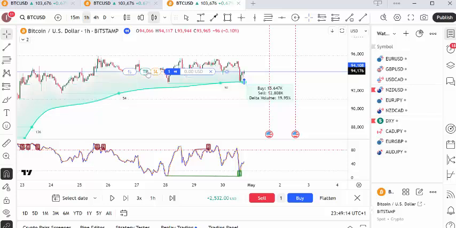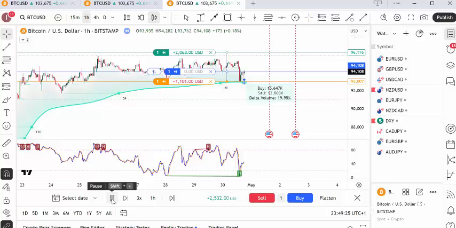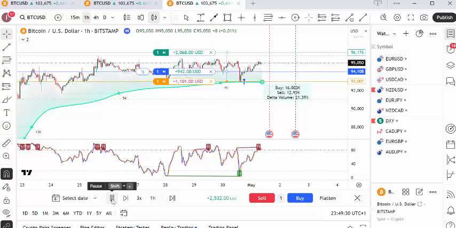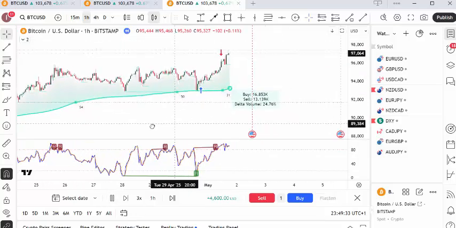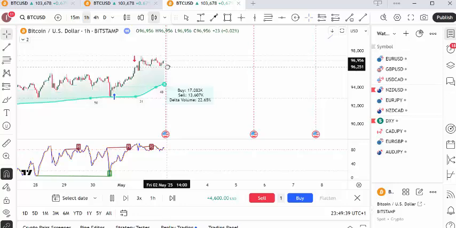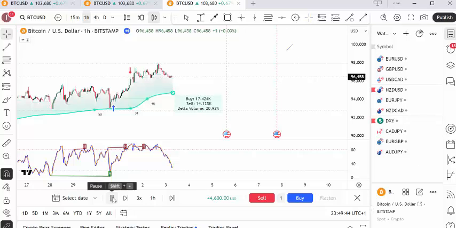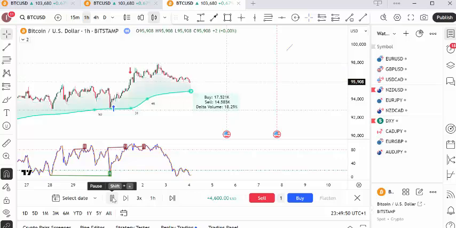That was late. Okay, good, we went in late, but that was cool. That was great. Okay, we have another bullish divergence.